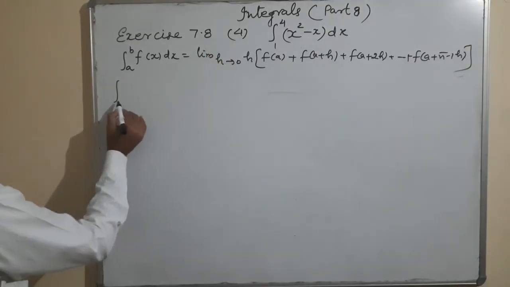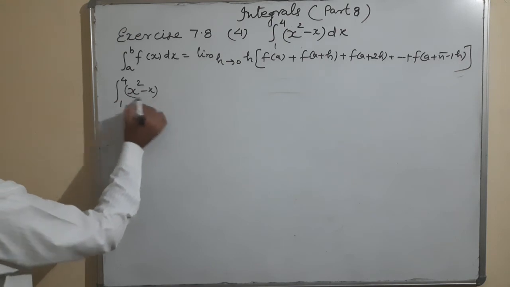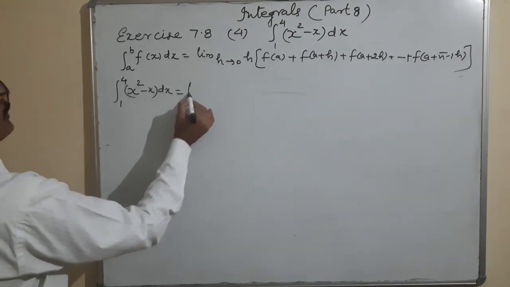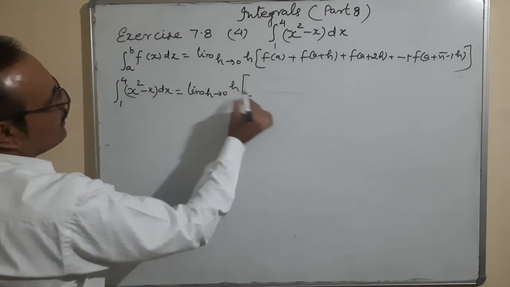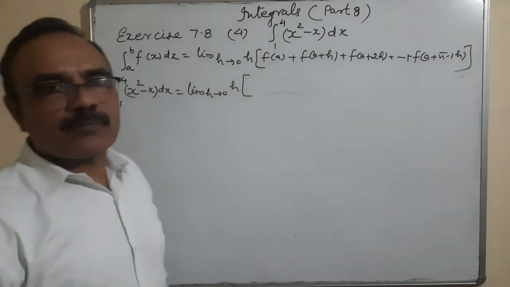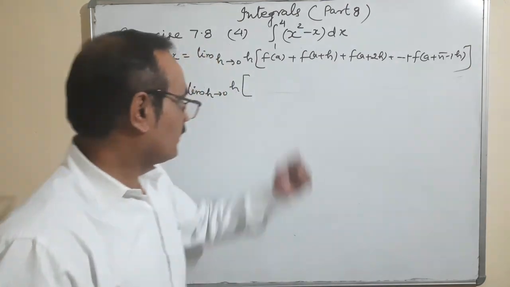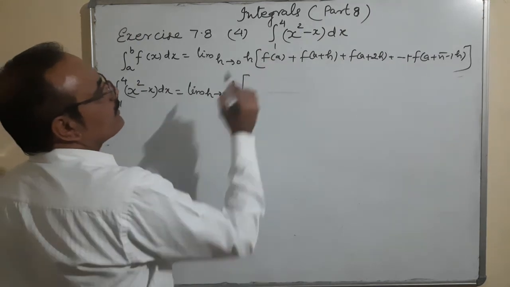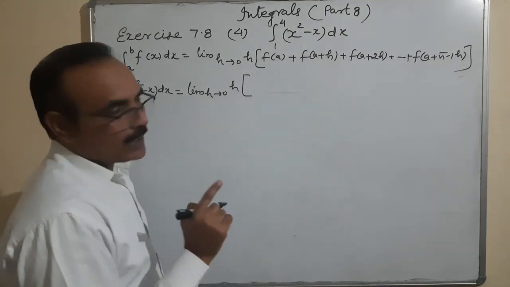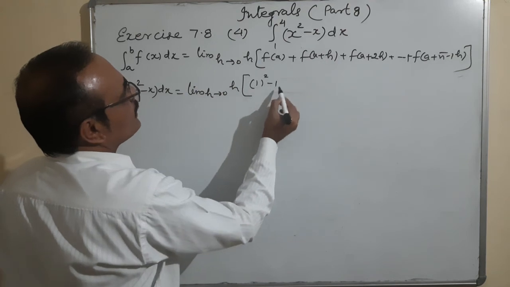Question: limit 1 to 4 x square minus x dx. Limit h tends to 0 h. Remember one thing, in place of x we have to put the lower limit. f of a, so what should I put here? a is the lower limit 1. In place of x I am putting here 1. So that is 1 square minus 1.